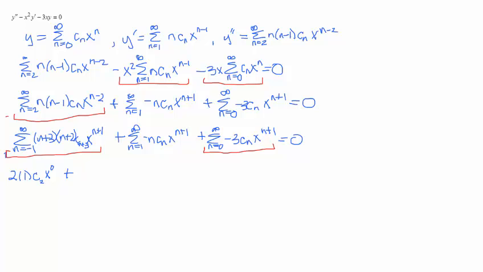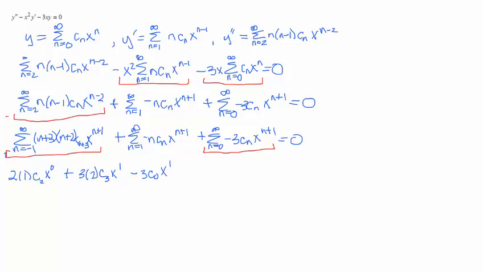So the n equals 0 term from the first series would have 3 times 2, c sub 3, x to the first. And the n equals 0 term from the last series will have minus 3, c sub 0, x to the first.